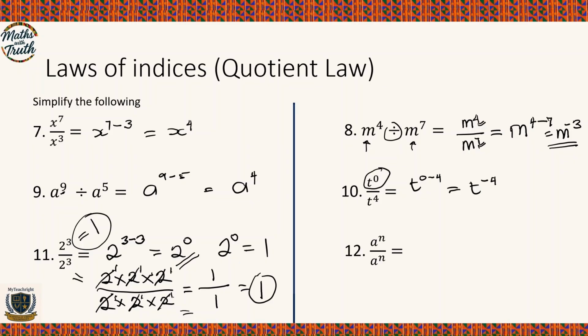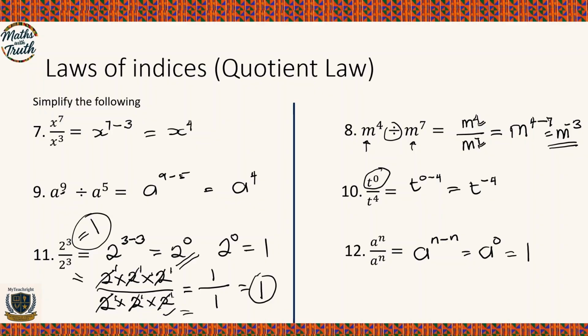If we have a exponent n divided by a exponent n, that gives us a exponent n minus n, which is equal to a exponent 0. And that we also know by our arithmetic and by this expansion here, is also equal to 1.